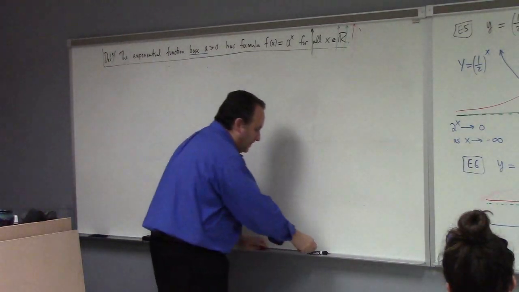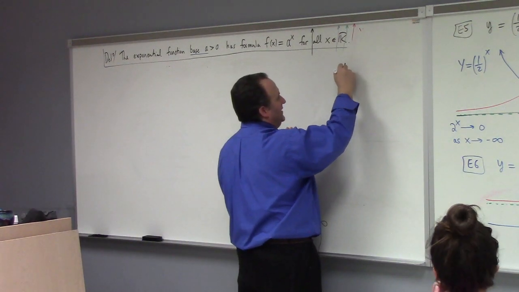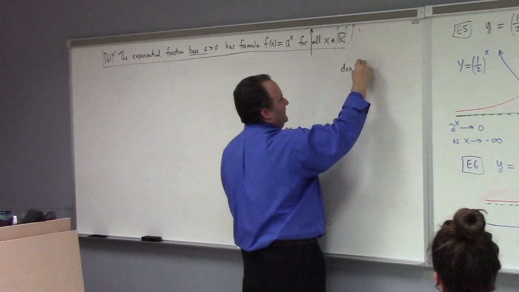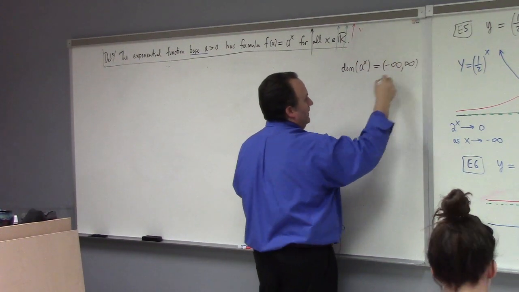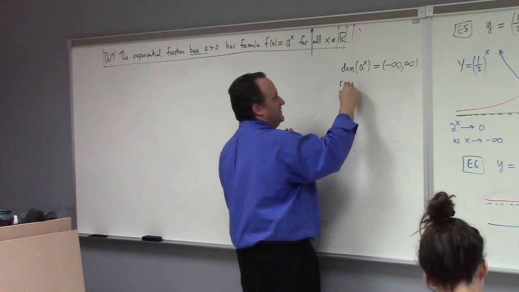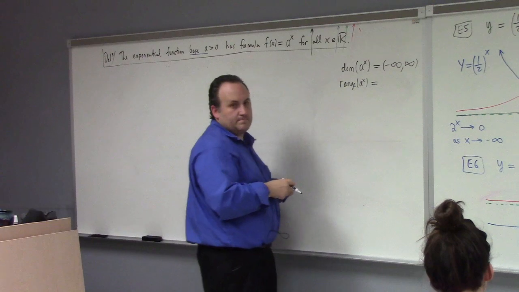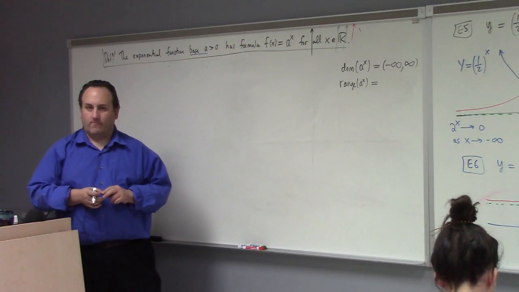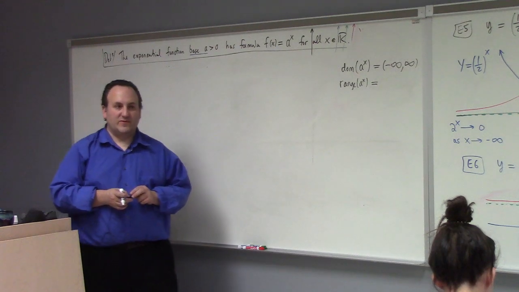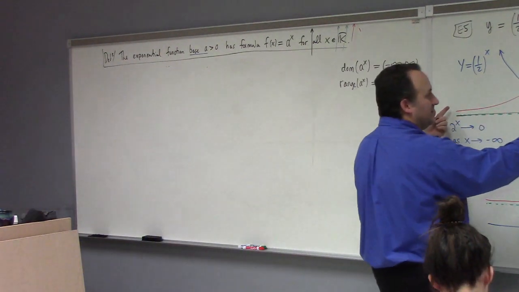So my point to you at the moment is that the domain of the function is everything, right? And the range, what is it? Well, what's the range for both of these?